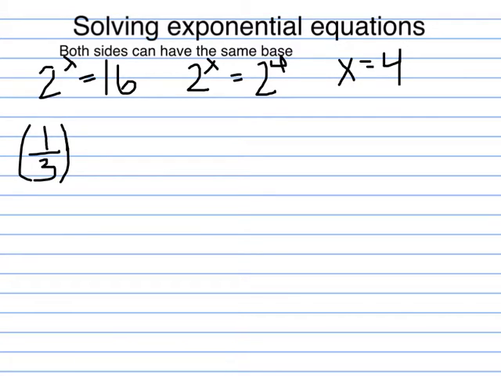So let's say I have 1/3 to the x power equals 81 to the 2x plus 10. Oops, 2x plus 10, that's a 10. Alright, so we have to think, can 1/3 and 81 be written as the same base?